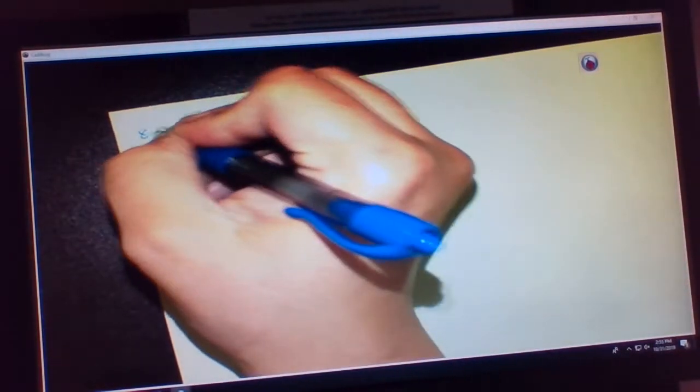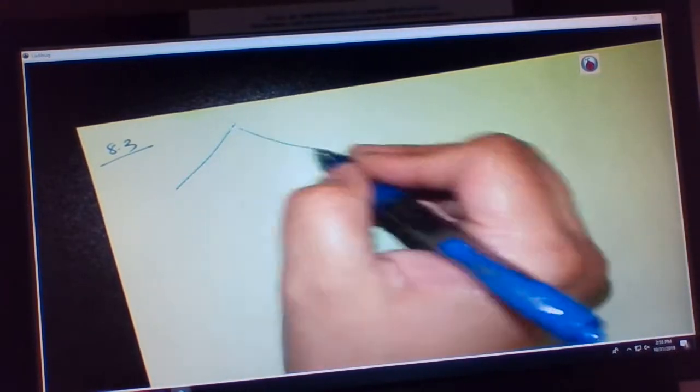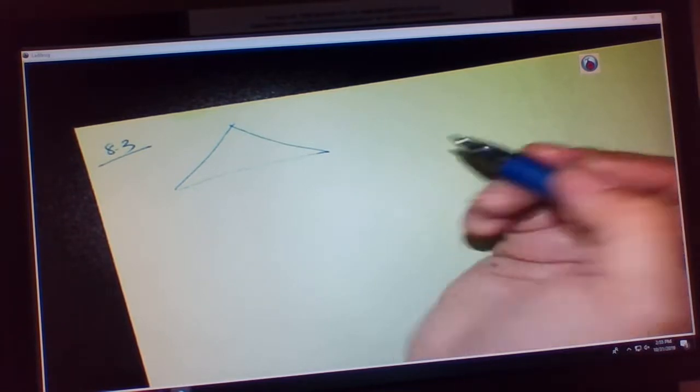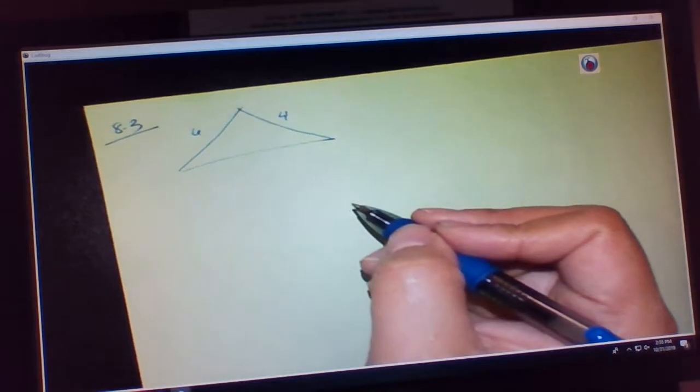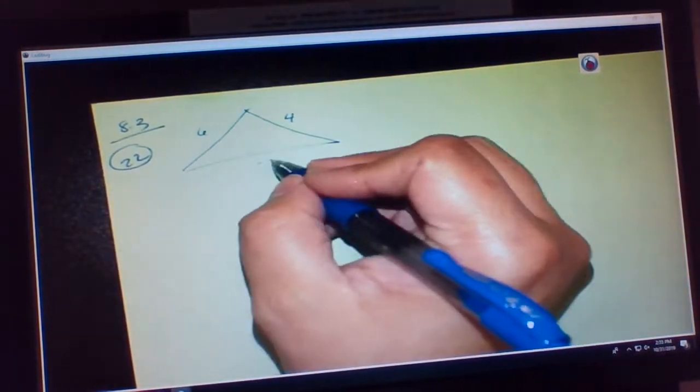All right, so in 8.3, today we covered laws of cosines. Sines. Thank you. This is C, that's 6, that's 4, and this is 22. That's 6, 4, and 7.